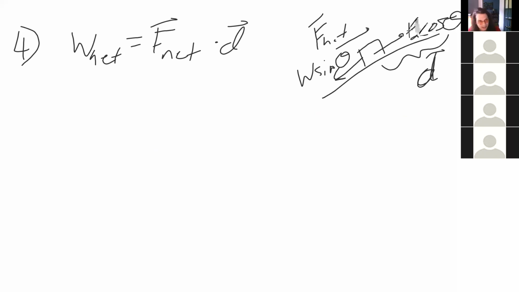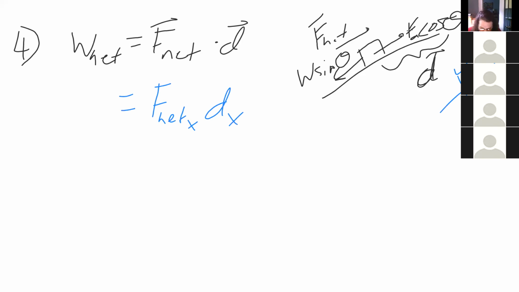And so without concerning ourselves with all the other forces involved in this problem, we can say that the net work is equal to the net force dotted with the displacement. We could also say that this is just the x component of the net force times the x component of the displacement, where here our usual x is up the ramp and y is perpendicular to it.